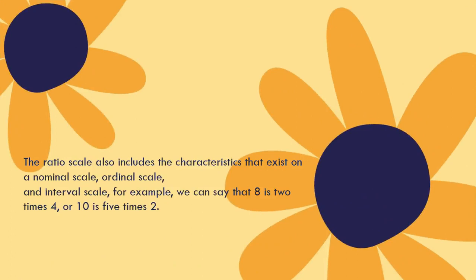The ratio scale also includes the characteristics that exist on a nominal scale, ordinal scale, and interval scale. For example, we can say that 8 is 2 times 4, or 10 is 5 times 2.